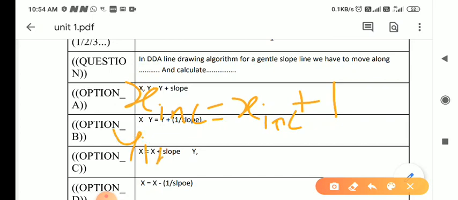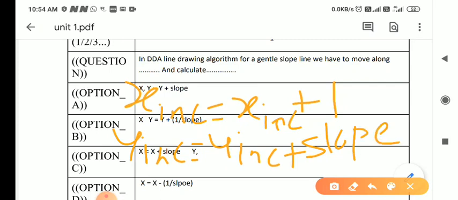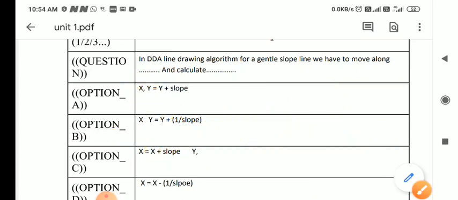And y increment is equal to y increment plus the slope, dy by dx. So you can write here this is the slope. So the value of slope is dy by dx. So the answer of this is the first one.